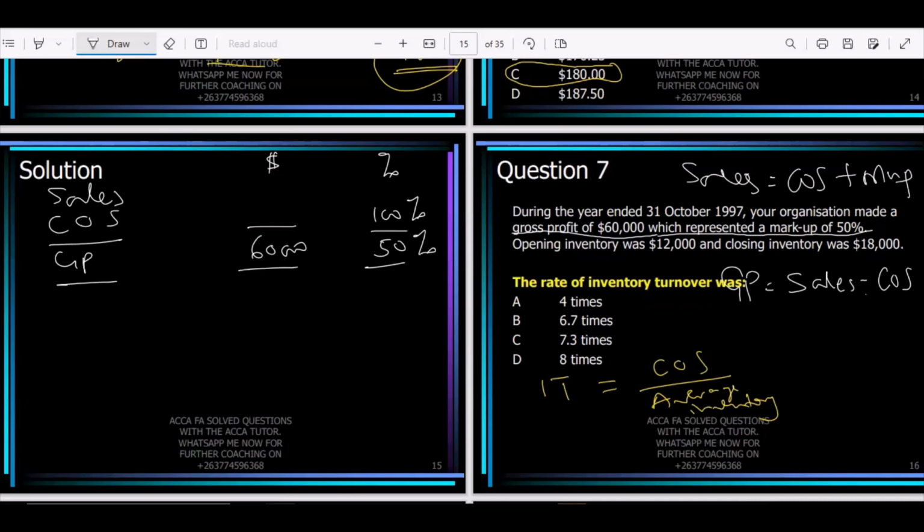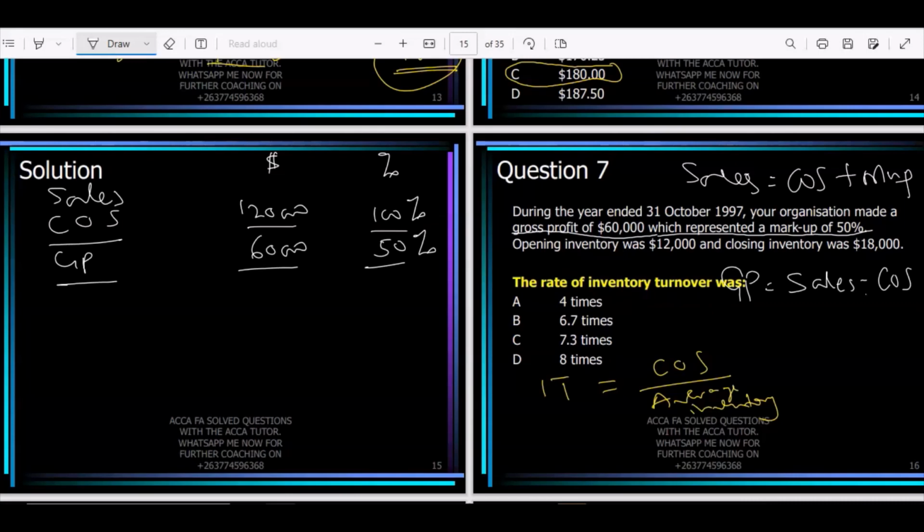Okay, so if gross profit is equal to 60,000, which represents 50% markup, which means the cost of sales was 100%, which means the cost of sales was 60,000 multiplied by 2, because 100 over 50% is 2. So the cost of sales should be 60,000 multiplied by 2, which should be 120.